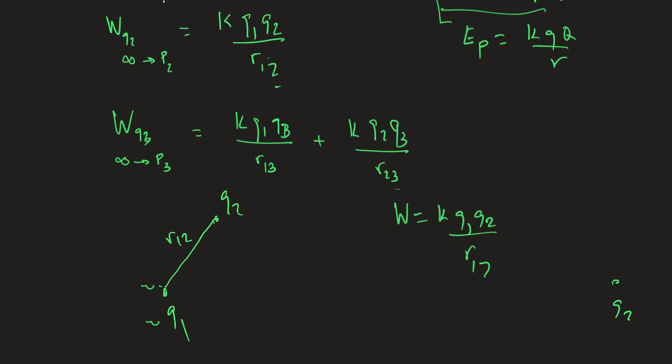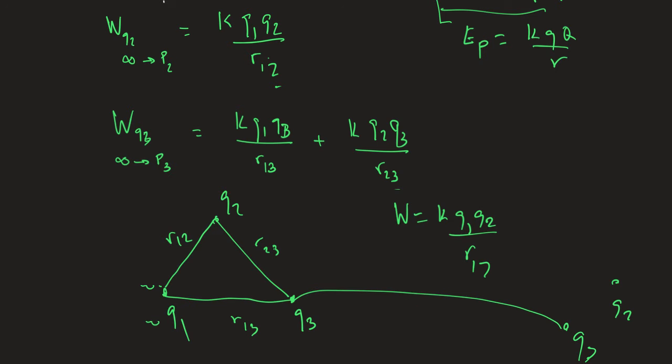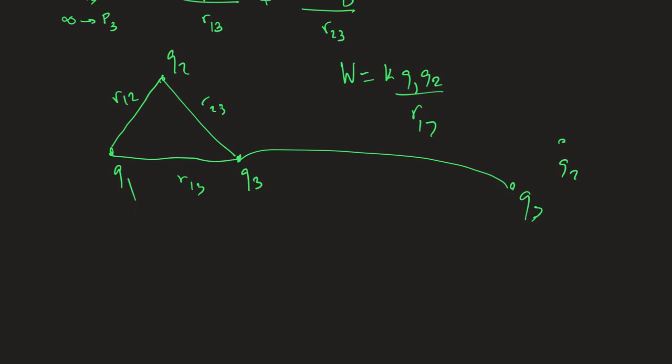Now, when you bring the third charge Q3 to a certain position, here, Q3 will end up at some distance R13 from charge 1 and some distance R23 from charge 2. So the work done is the work to fight against Q1 and to fight against Q2.